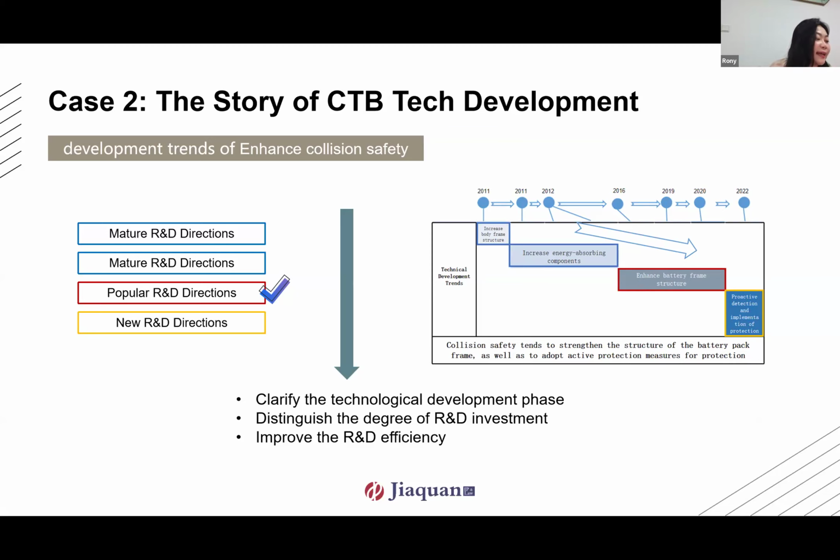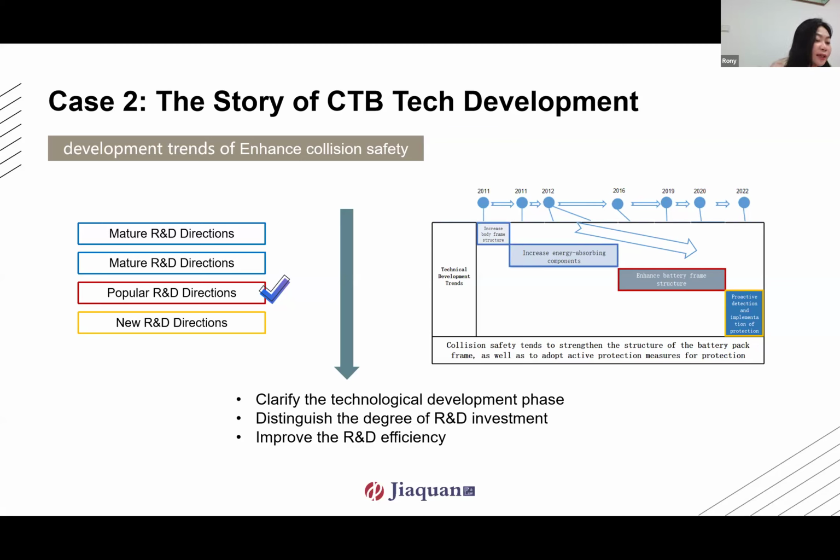Overall, we found that in the technical field of improving collision safety, from 2011 to 2022, it mainly developed along such a technical route. Before 2011, it mainly improved the collision safety by enhancing the structural strength of the vehicle body frame. Then from around 2012 to 2016, the R&D focused on research on the energy absorbing components.